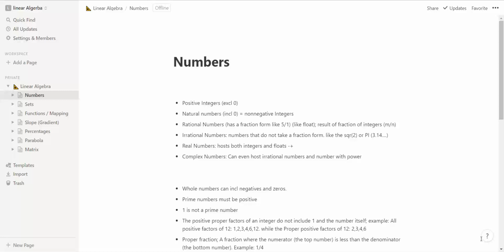We also studied a bit of parabola, and then we went on with solving linear equations, and we did linear equation systems, as well as how to solve those using matrices, and we've also studied matrices.